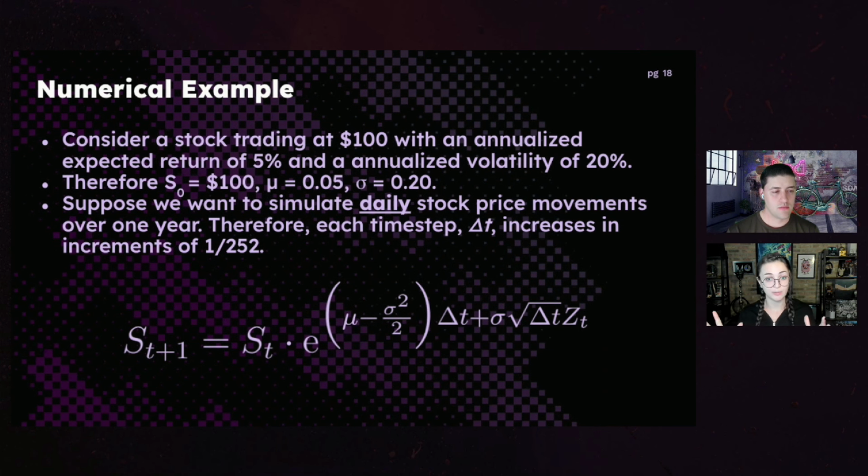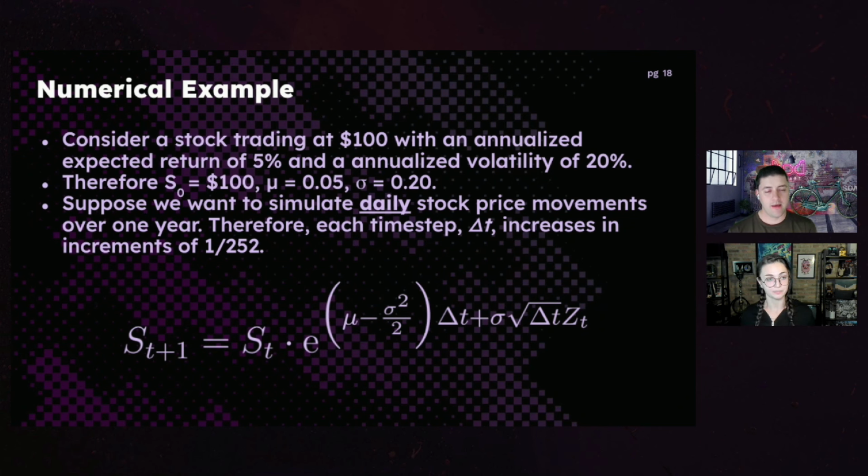So this is our stock with our different variables. In our equation, our S naught is going to be 100. So the first step where it's starting out is going to be $100. Our mu, that expected return, that drift term, is going to be 0.05, and our sigma is going to be 0.20. So we're taking these different calculations and plugging them into this equation, which looks at the stock price evolution over different time increments.